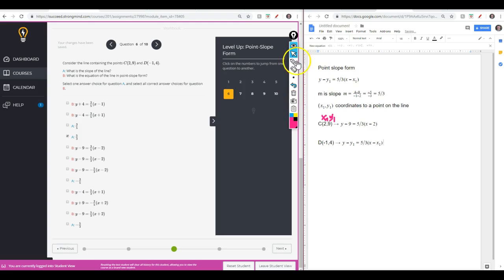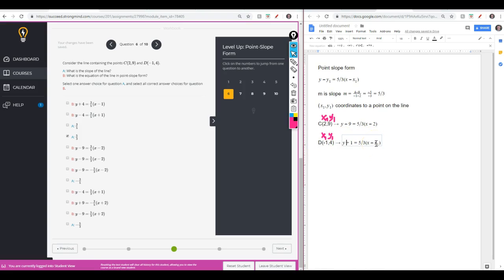So again, now we have another point on the line, which is point D, so this would be x1, y1 for the equation of the line at point D. So y1 is a negative 1. So y minus a negative 1 can be simplified down to plus 1.